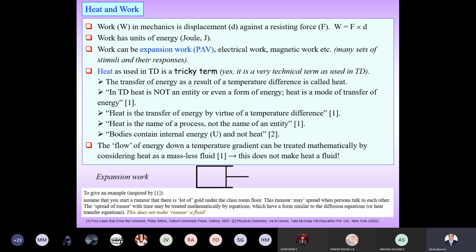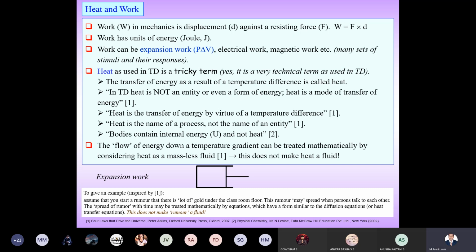This does not make the rumor true, though. You can refer to the book Four Laws That Drive the Universe by Peter Atkins for this example.